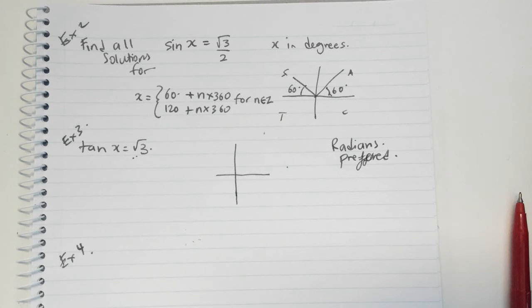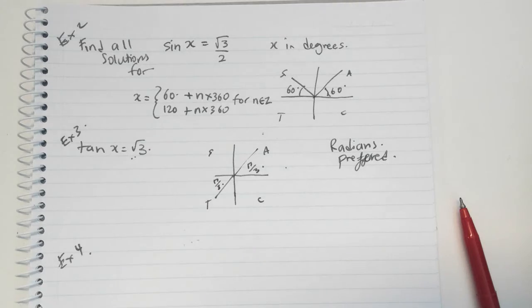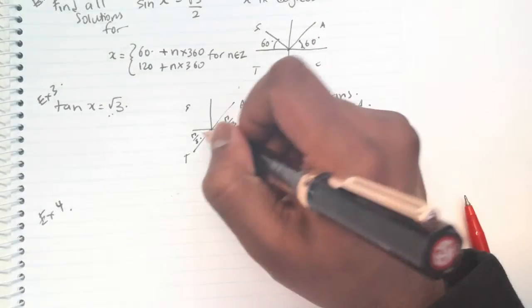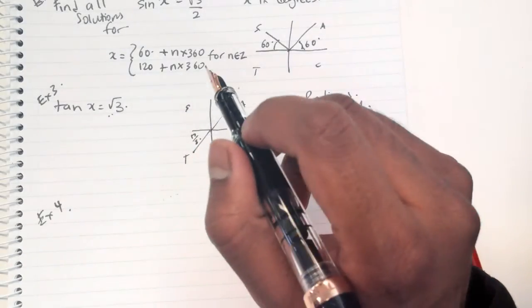Let me just do the roll. There we go. Alright, so pi on 3 and pi on 3.